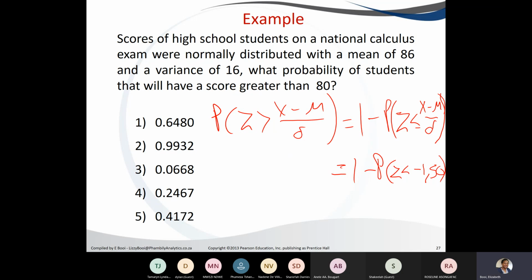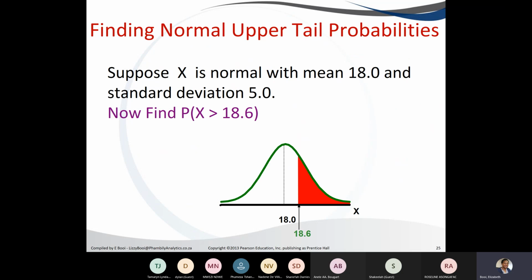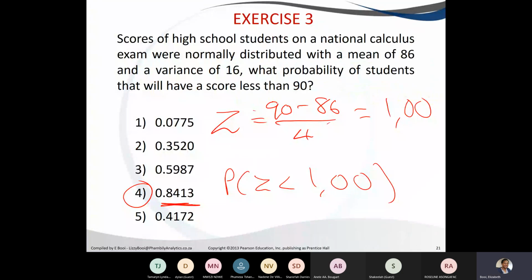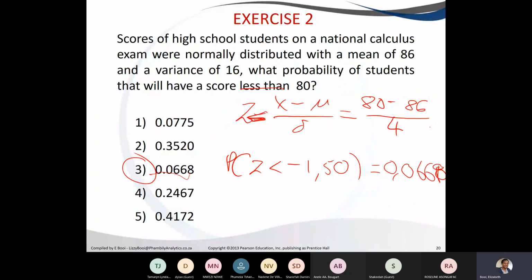And we went and found the probability on the table. I'm not going to go too much into details because now I'm taking shortcuts. We found that that probability was 0.0668. Remember that, it's the same question we've been doing.